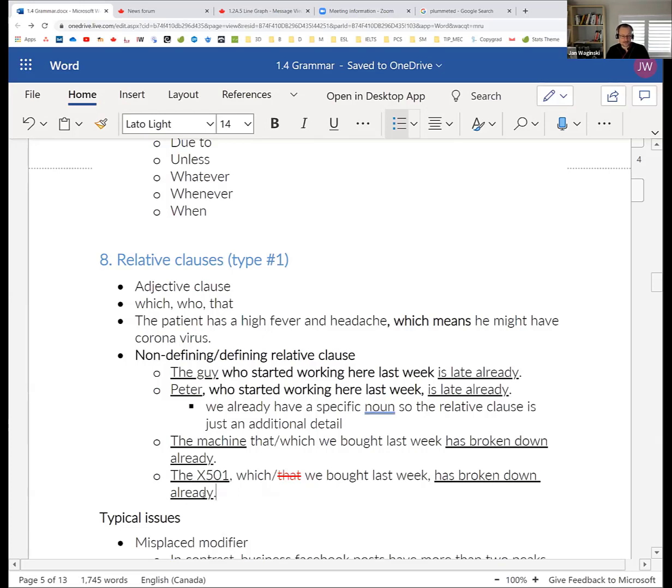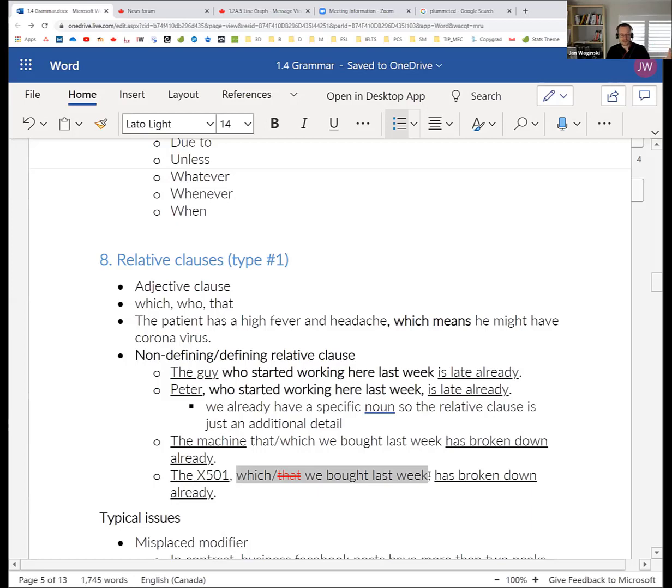They're identical in terms of structure. And here, if you say to me, the machine has broken down already, my question's going to be, which machine? The machine that we bought last week. If you say the X501 has broken down already, I know what you're talking about. And so, which we bought last week is an additional detail.